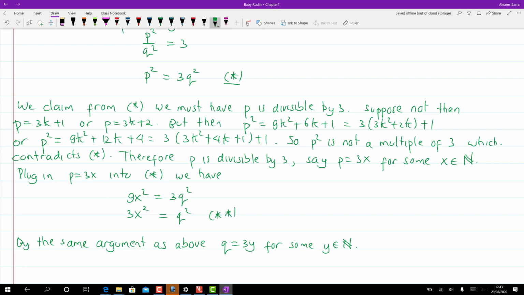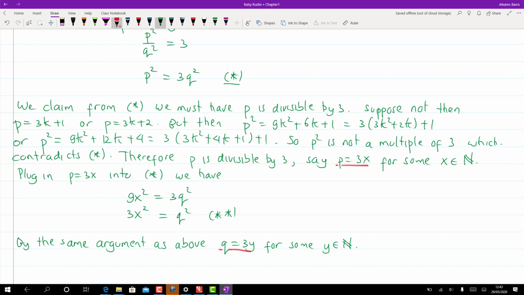But this makes us into trouble. Why is that? Because p is equal to 3x and q also is a multiple of 3, which means that p and q now have a common factor, which is 3, which is greater than 1.